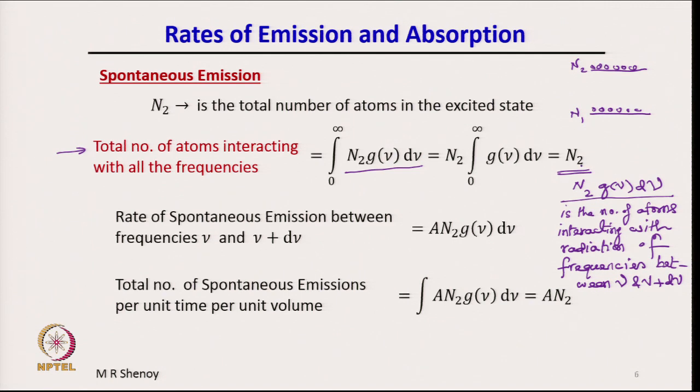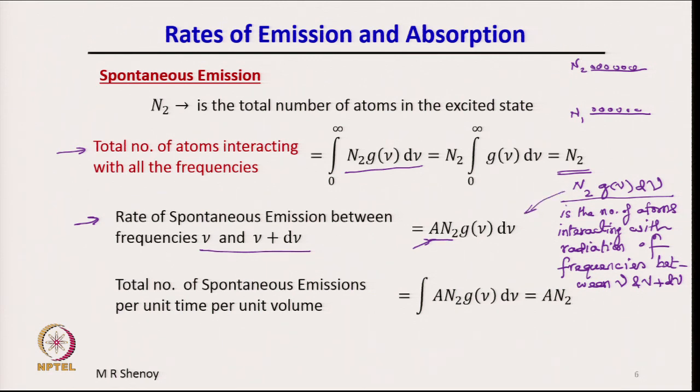And therefore, the rate of spontaneous emission between frequencies nu and nu plus d nu is A times N2 into G nu d nu. Earlier we had just A times N2, but now we are writing it between nu and nu plus d nu, because the number is this now.